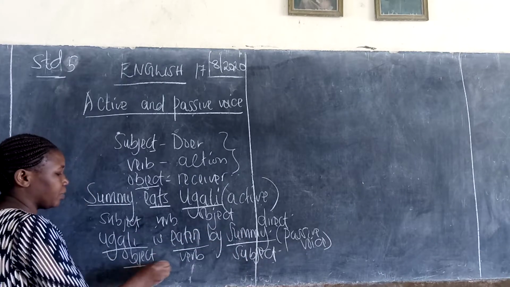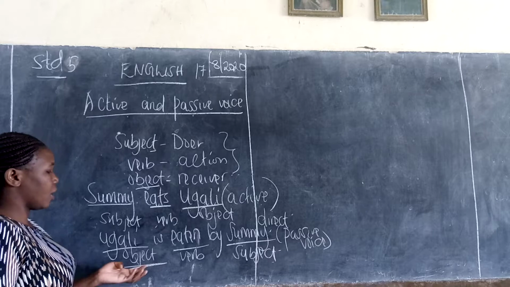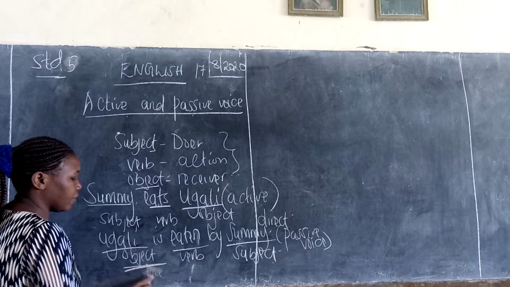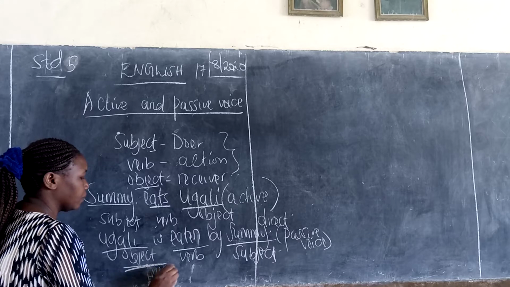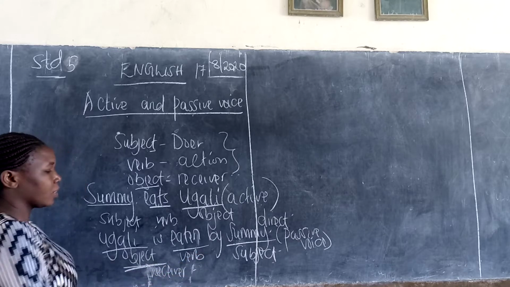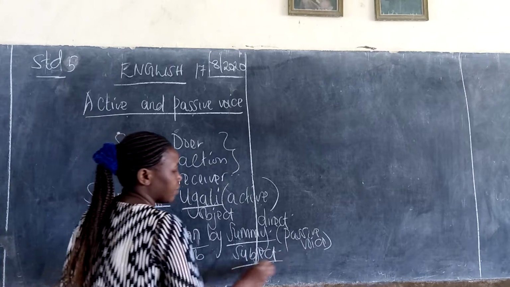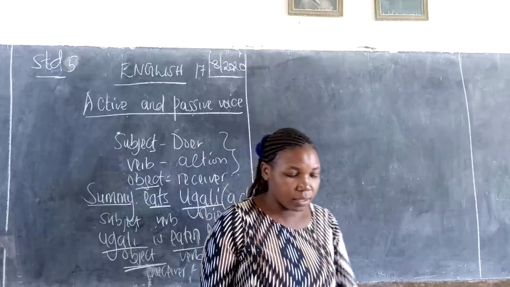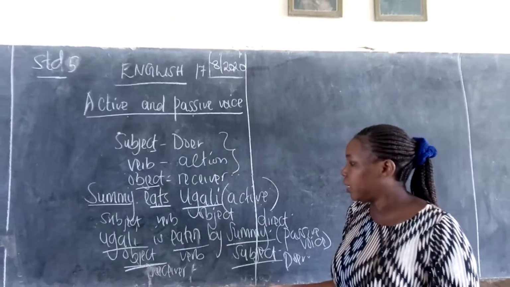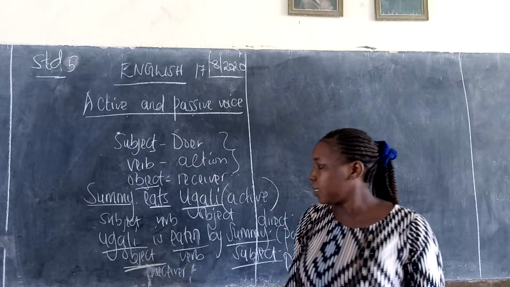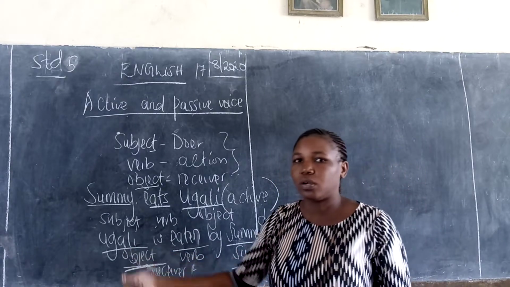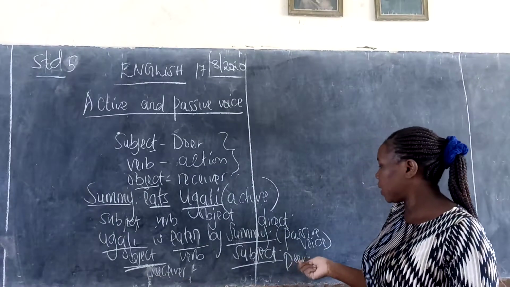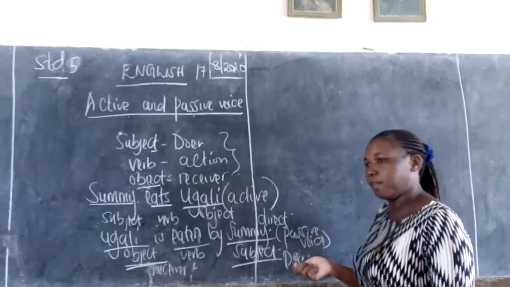We start with the object, the receiver. Then the verb, then the subject, the doer, who did the action. Who ate ugali? Who did the action? That is where we say our sentence is in passive voice.